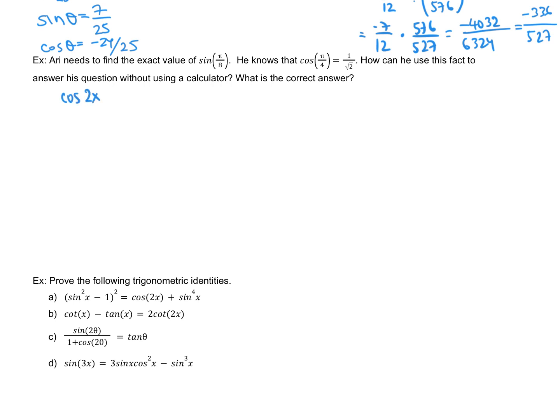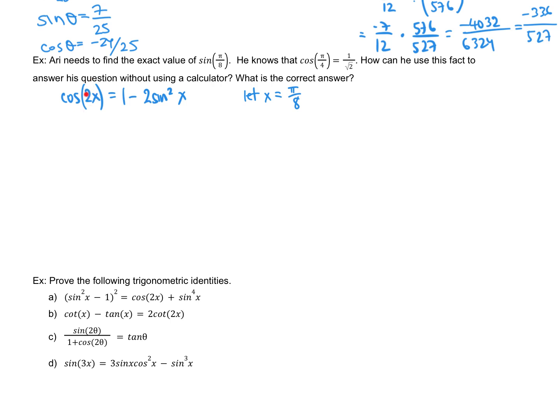So I'm going to say cos of 2x is equal to, and I'm not going to use the original one. I'm going to use one of the rearranged Pythagorean identity ones, which is 1 minus 2 times sine squared x. And instead of x, I'm going to replace it with pi over 8. That way, I'll get sine of pi over 8 here, but squared.